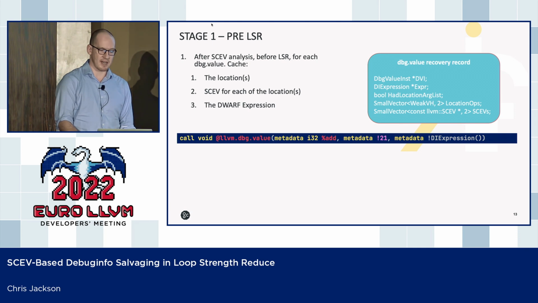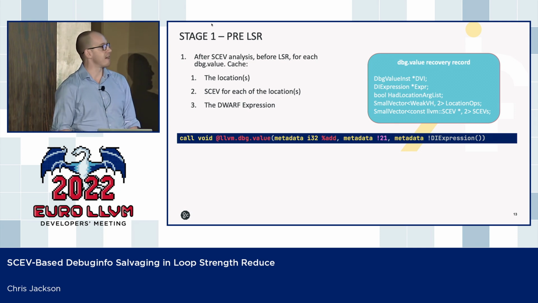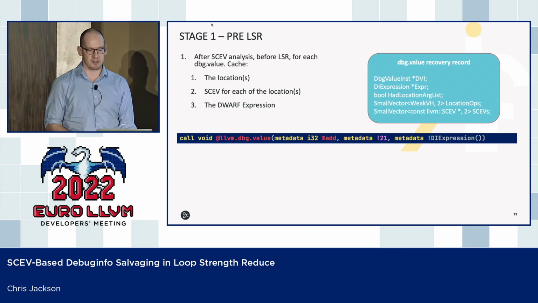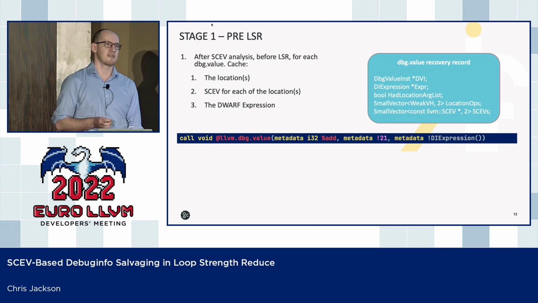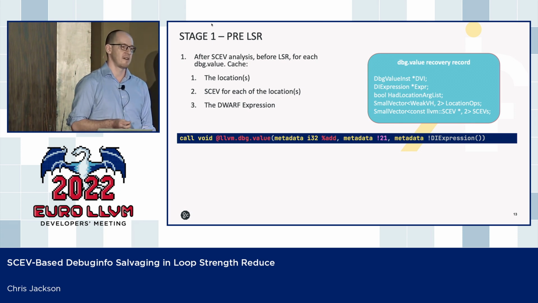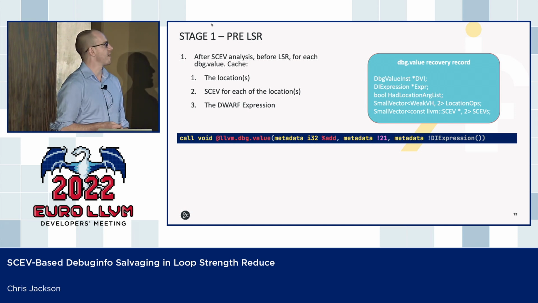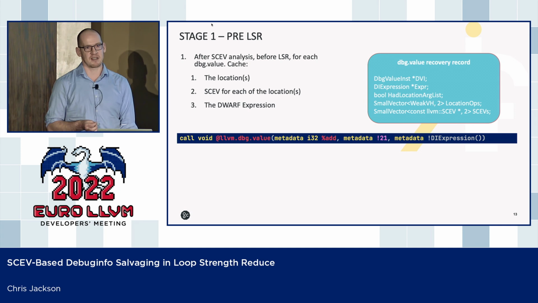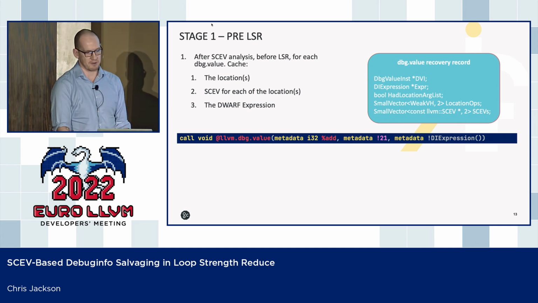So we also cache the locations referred to in the debug.value, the corresponding scalar evolution expression, and if one is present, a DWARF expression. Now, there are some limitations. Not all forms of SCEV can be translated to DWARF expressions, or at least that hasn't been implemented for all forms of SCEV. So if a location with a SCEV that can't be translated is encountered, then it's not cached, and no salvaging will ever be attempted.